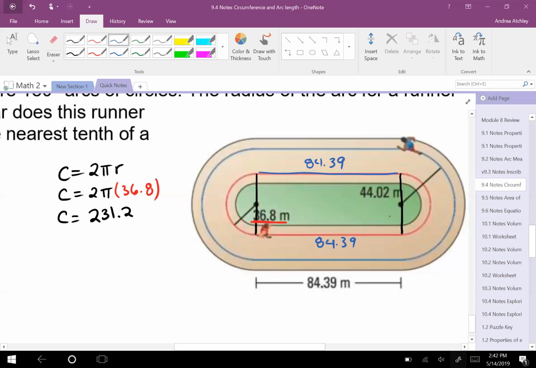So if we add all the pieces together, the 231.2 for the curves, and then 84.39 plus 84.39, because you have to cover that on this side as well, you will get the whole thing. Yes?